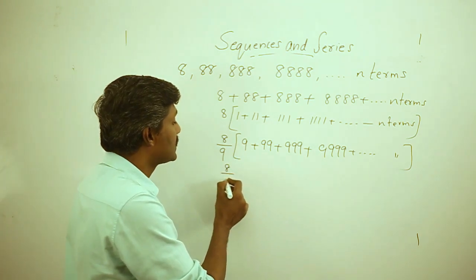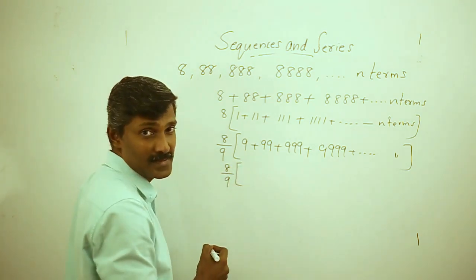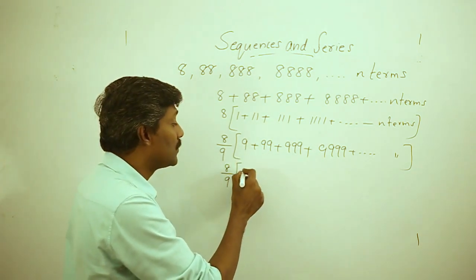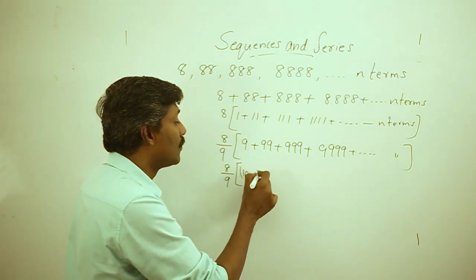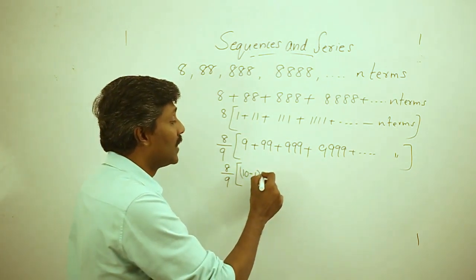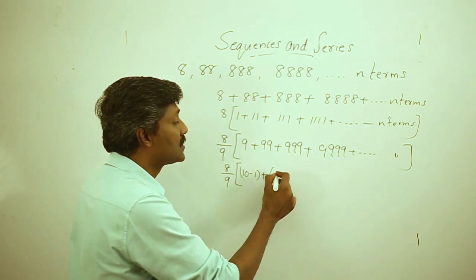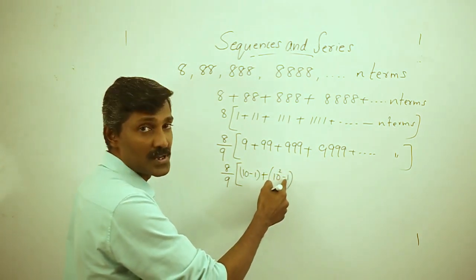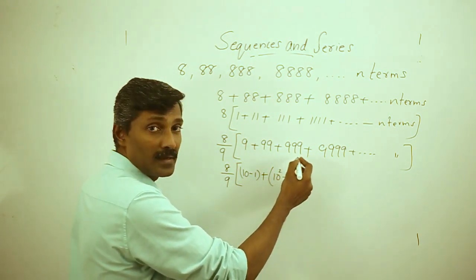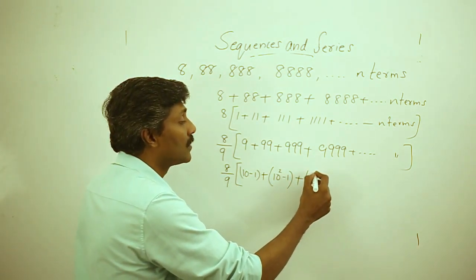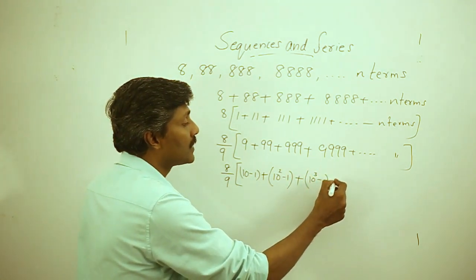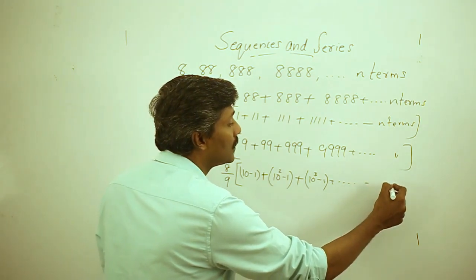Because in the next step I can write this as 9 is nothing but 10 minus 1. And 99 is 10 square minus 1, 100 minus 1, correct? And what is 999? It is 1000 minus 1 or 10 cube minus 1 plus etc. up to n terms.